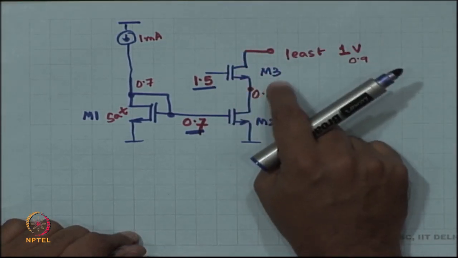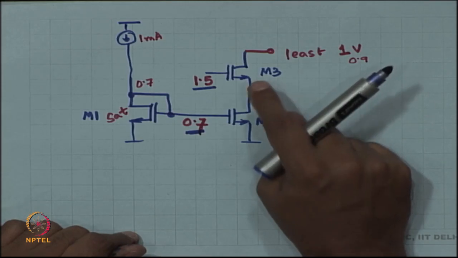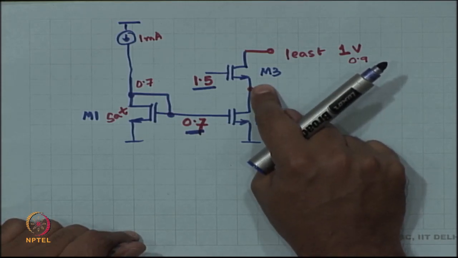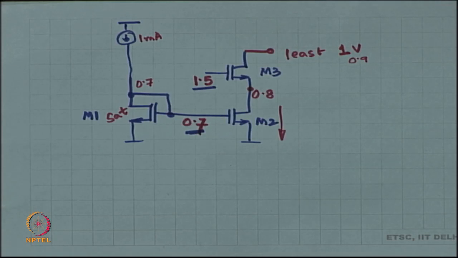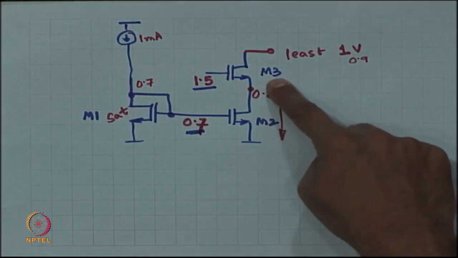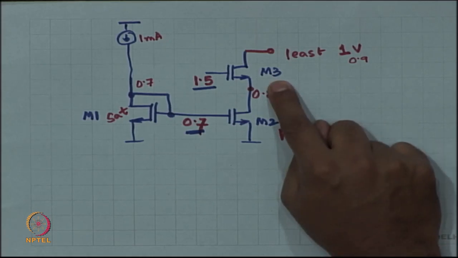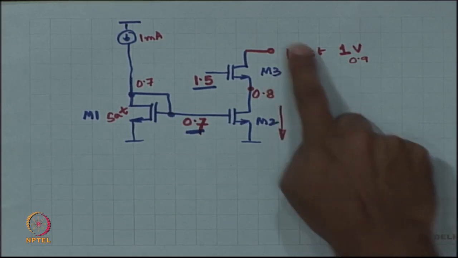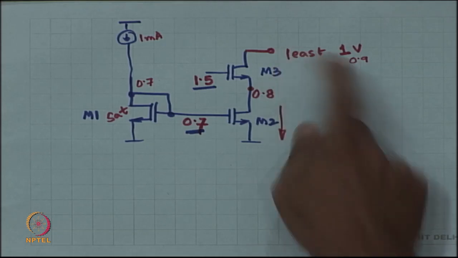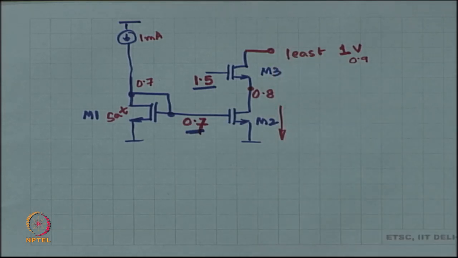If this device drops out of saturation, then the intrinsic gain of M3 reduces substantially, which means that the output impedance of the entire circuit reduces, right. So, it will not be as large as it used to be. However, it is still conducting the same current.